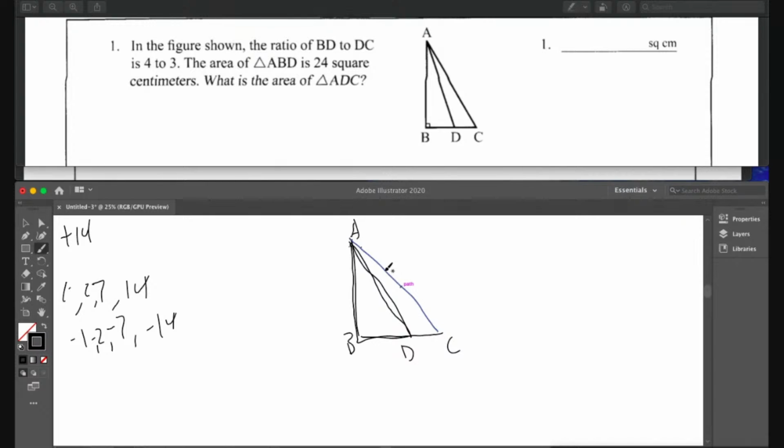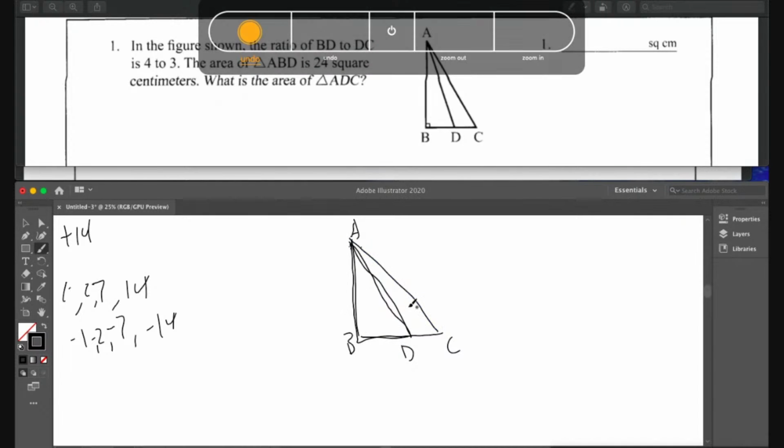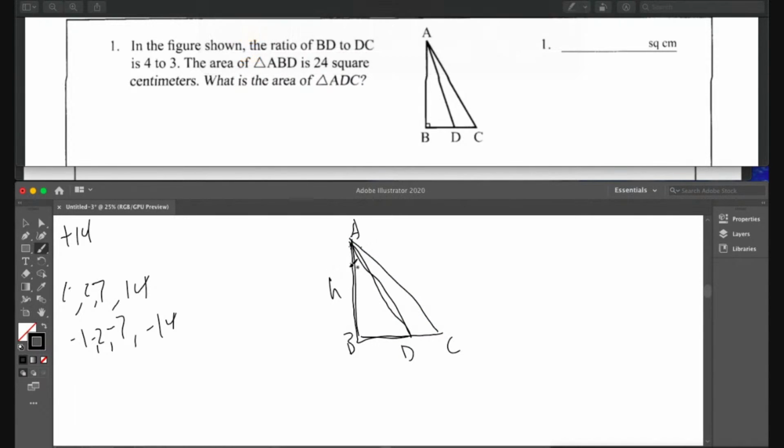If you're calculating its area, you can use this height and this base. So let's just call the height h, and this is BD, I'll call this x and I'll call this y. And then if we're looking at triangle ADC, which is this triangle right here, to calculate its area, you could also use this same height h, but you would instead use the base of y, right?